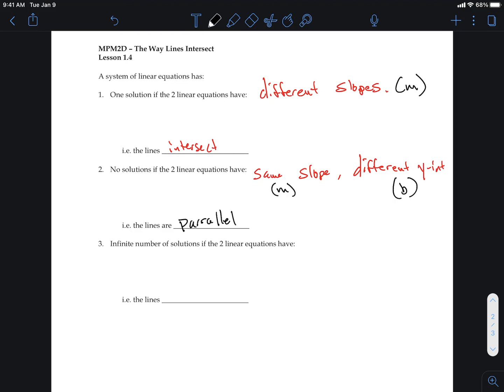And the last one, you have an infinite number of solutions if the two linear equations have what? The same slope and the same y-intercept, i.e., the lines are the same.